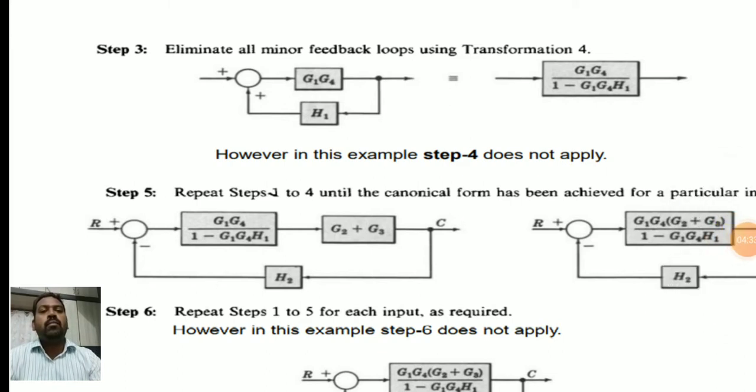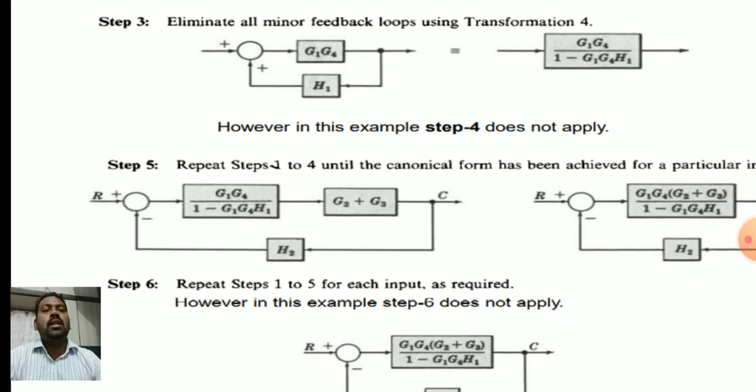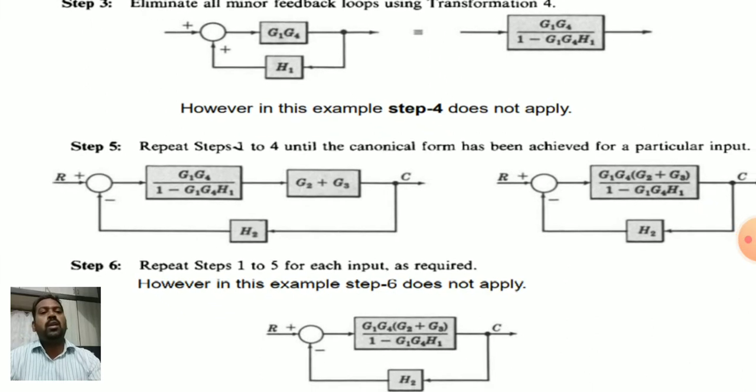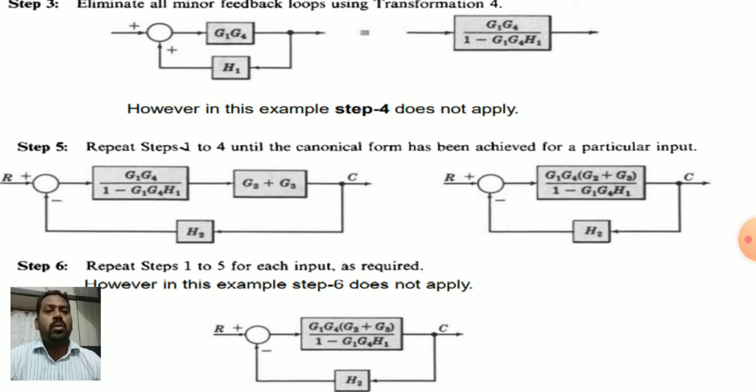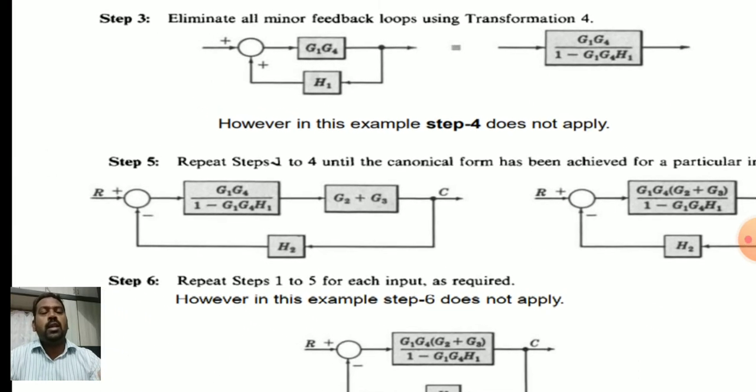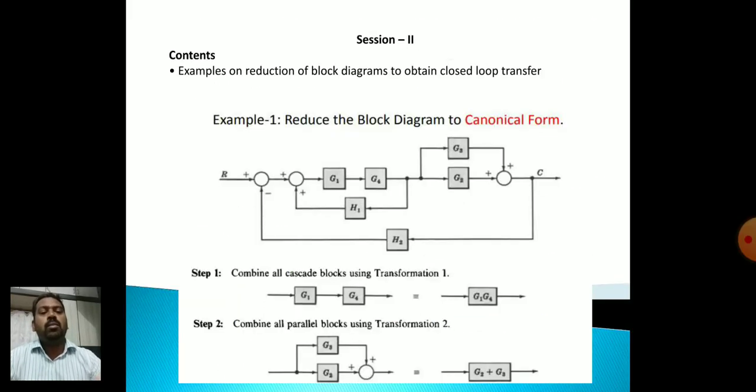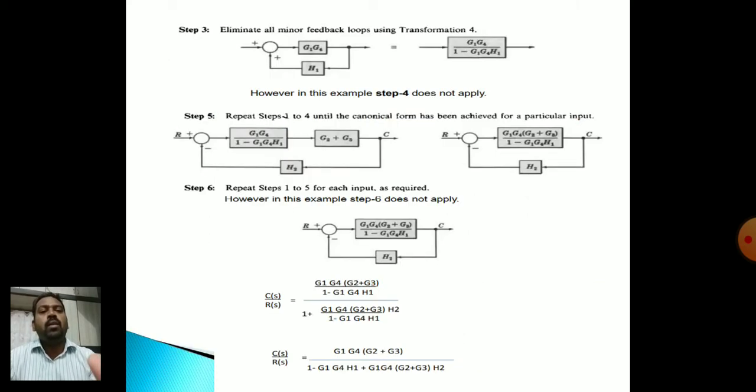So once again, repeat steps 1 to 4 until the canonical form has been achieved for the particular input. So here in this block diagram there are two feedback signals, one is here.